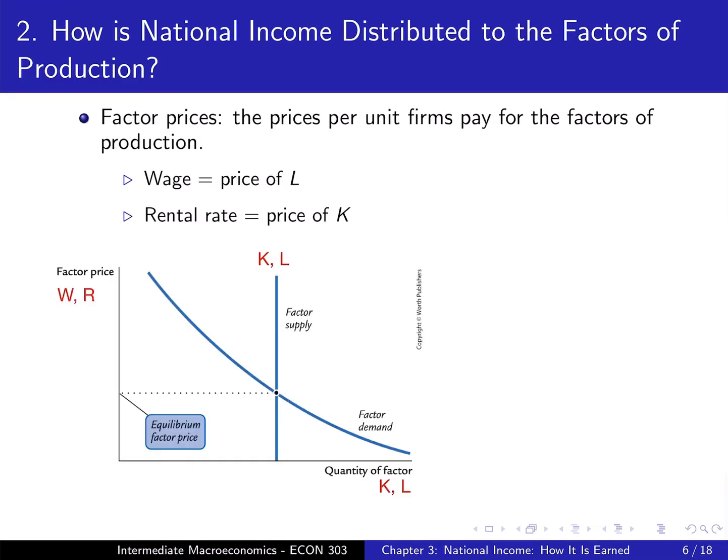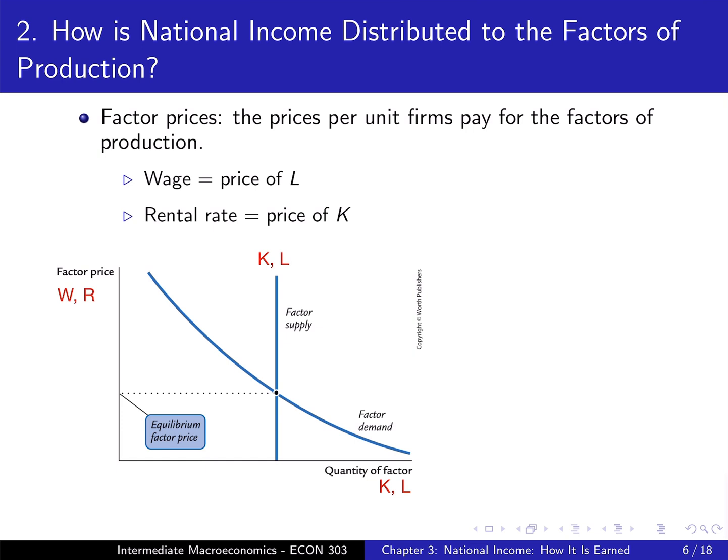In this section, we explore how the total income generated in an economy, its national income, is distributed to the factors of production. In our model, firms hire labor and capital to produce goods and services. The payments that firms make to these inputs are called factor prices. The wage is the price paid per unit of labor.